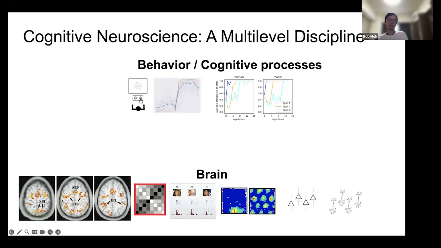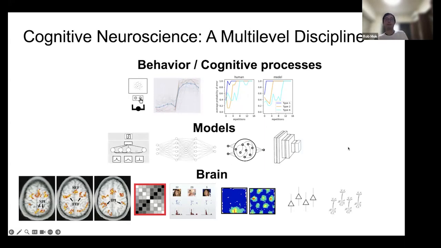We also have different brain representations: large-scale brain networks, high-dimensional multivariate patterns, down to single-cell recording, right? These are interesting things, and the common thing to do is to analyze them, maybe link behavior and brain. Quite commonly, we also have models. The models might capture some behavior, might capture some brain activity. Sometimes there's a link to each other.